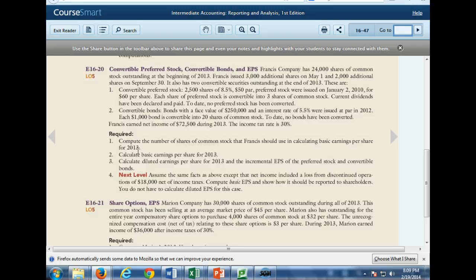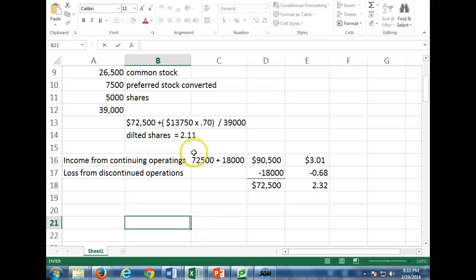I mean, on the basic earnings per share, we added preferred dividends. Assume the same facts as above, except the net income included a loss from discontinued operations, net of income taxes. Compute basic earnings per share and show how it should be reported.